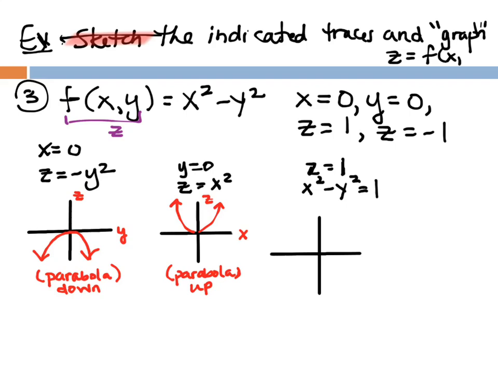I think the X is first, so left and right. Well, one's one and the other one we're going to have is going to be flipped. This other one for z equal -1 is going to flip them. I'm going to end up getting y squared minus x squared equals 1.